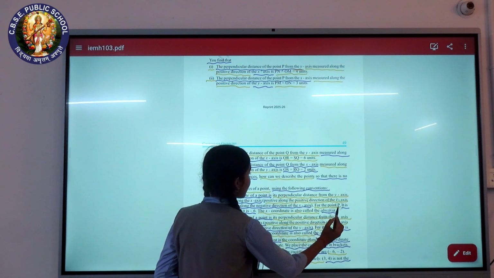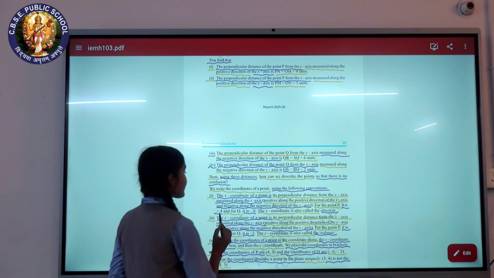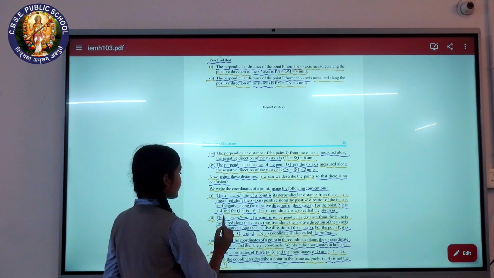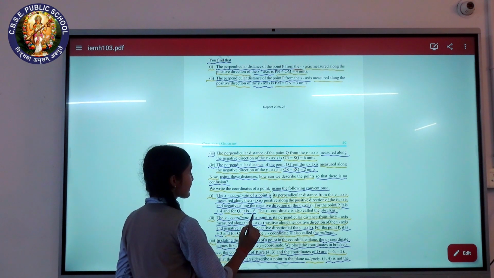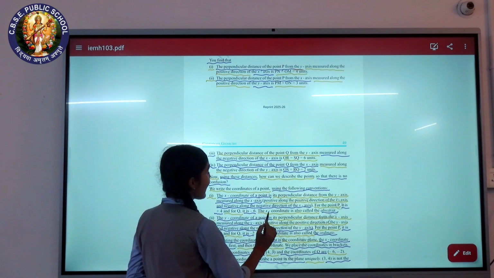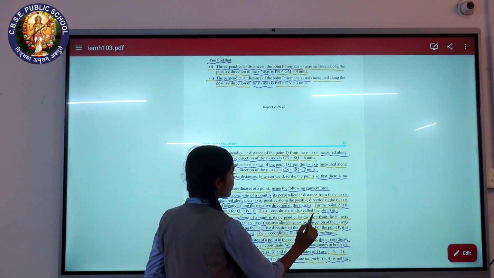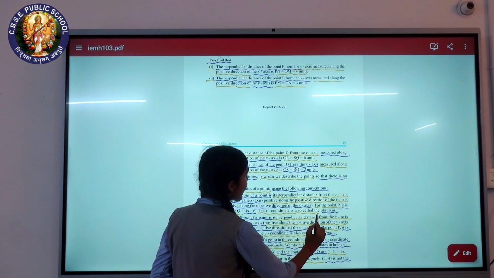For the point P, it is positive 4 and for Q, it is negative 6. The x coordinate is also called the abscissa.